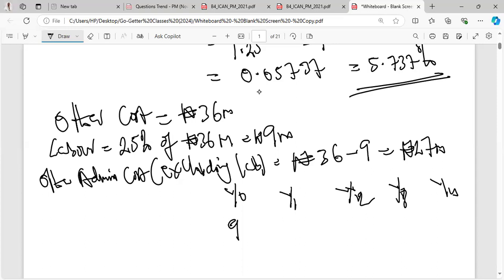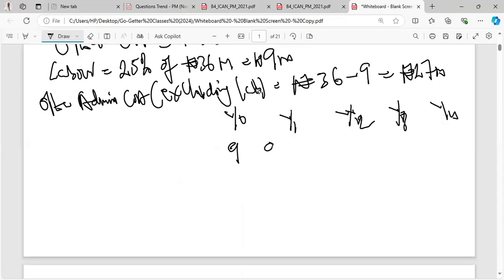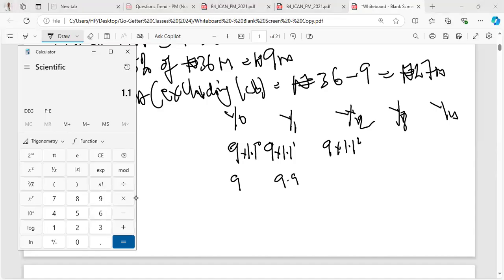So this is going to be 9 times 1.1, raised to power 1, of course. We know this is year 0. We want to do what we did yesterday. This is going to be 9 times 1.1 raised to power 2. 1.1 raised to power 2 is 1.21.